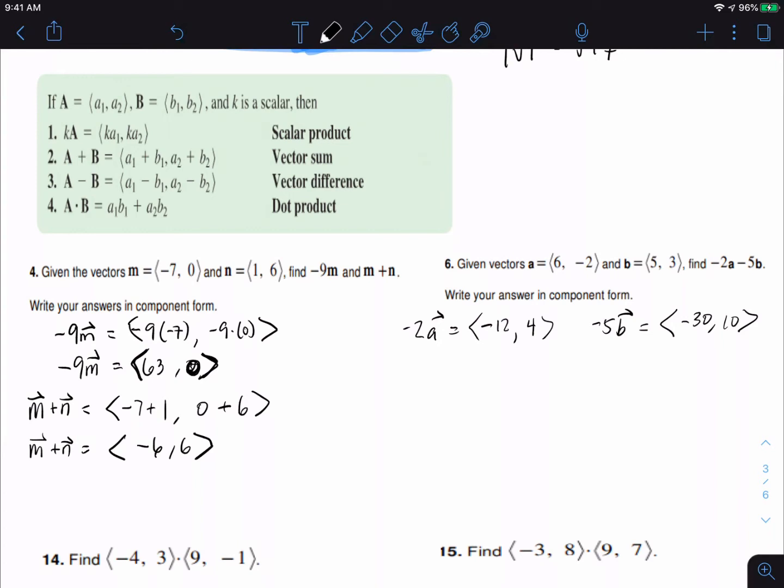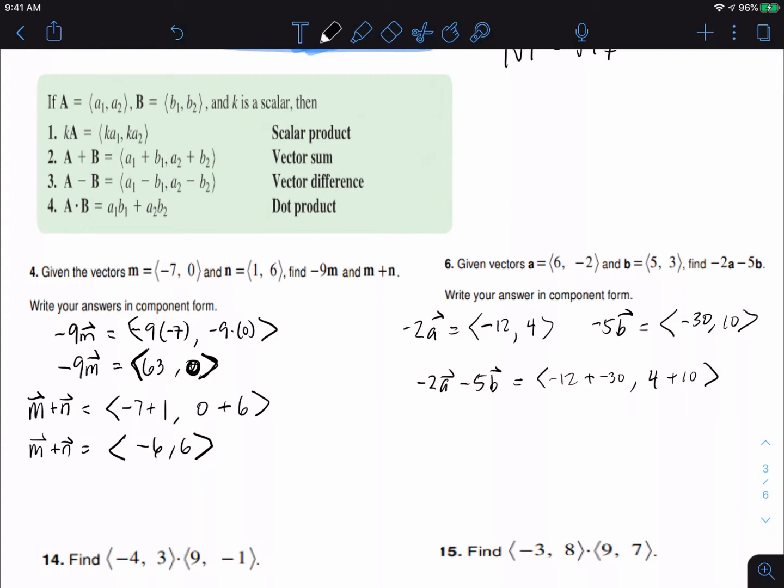Okay, then negative 2a minus 5b. Since I did negative 5b, I'm really adding them. So I'm going to go negative 12 plus a negative 30, and then 4 plus 10.